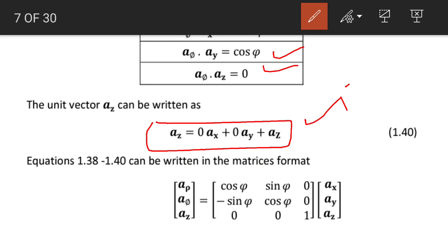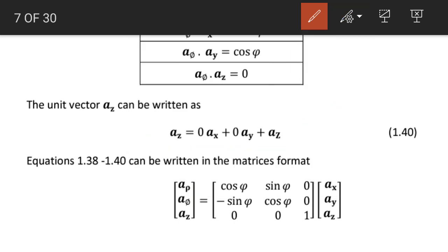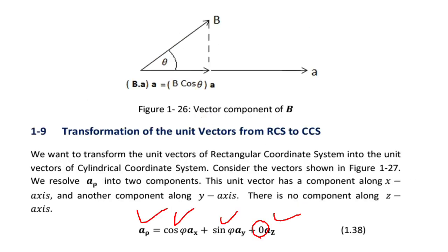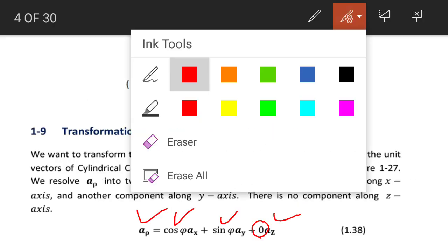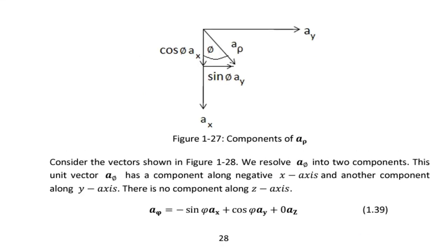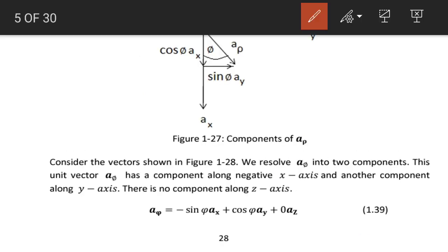So we have got three equations. Let us consider these three equations once again. This is equation number 38. A rho is equal to cos phi ax plus sin phi ay plus 0 az. We consider equation number 39. A phi is equal to minus sin phi ax plus cos phi ay plus 0 az.